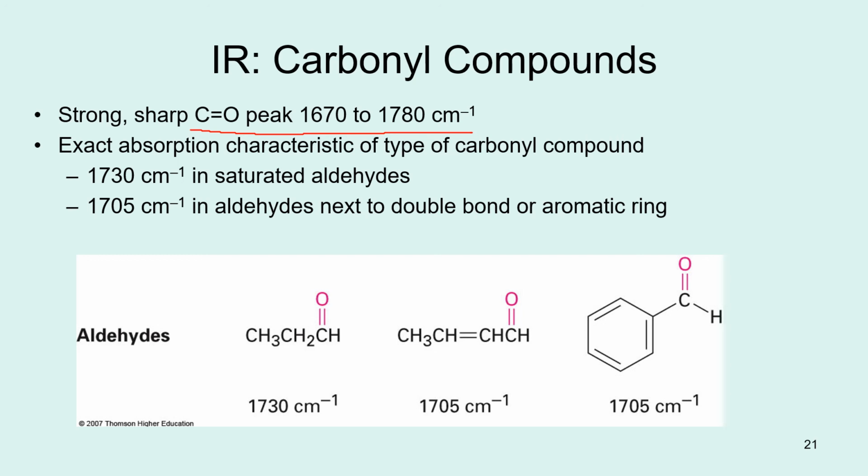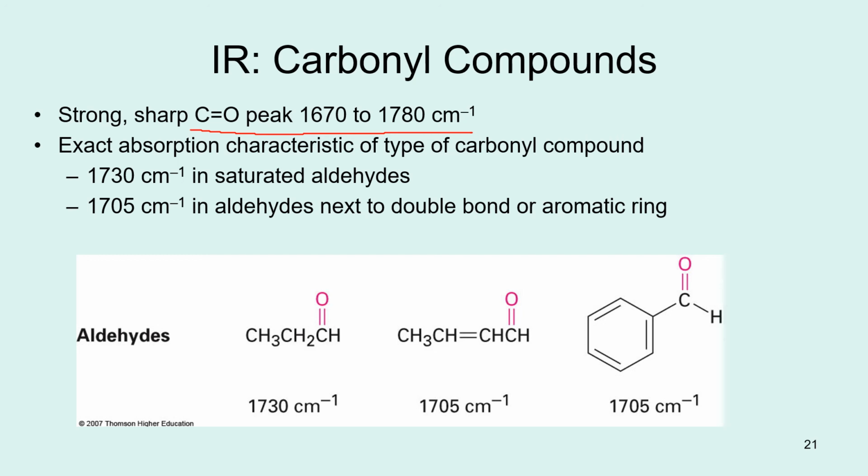It's going to move around a little bit, and so what you'll find is that it can actually be helpful in determining whether you have an aldehyde or a ketone or a carboxylic acid or something like that. And so again, there'll be more handouts with a little more specifics in lab, but this can be really helpful just to know that they're a little bit different.